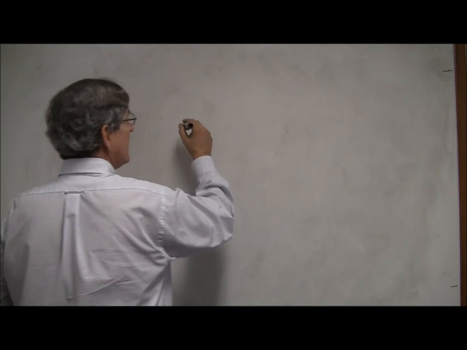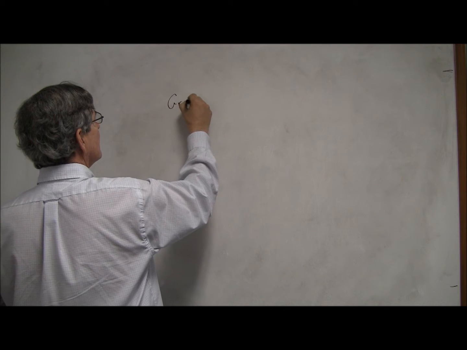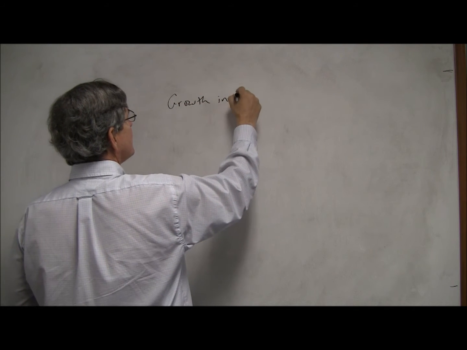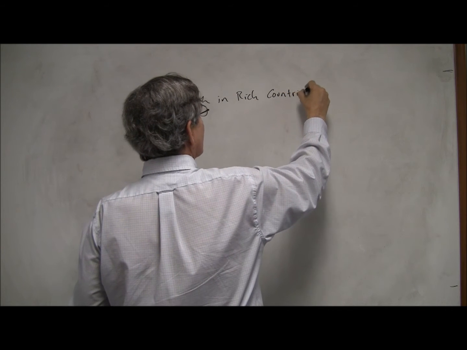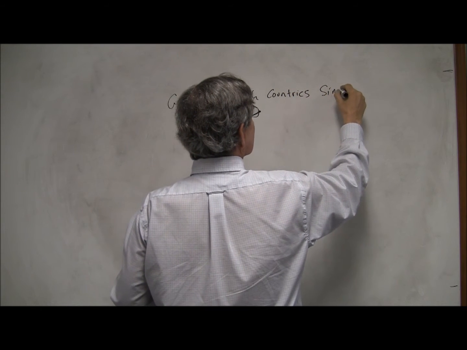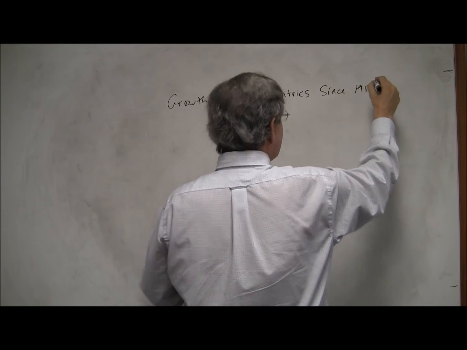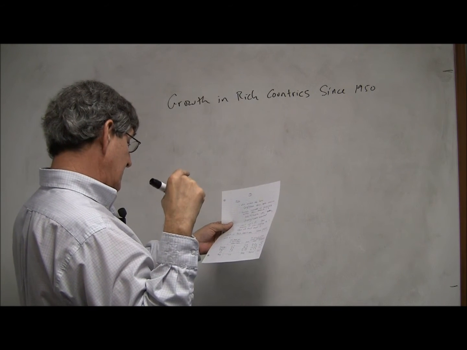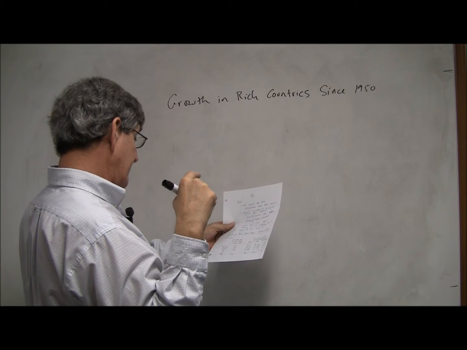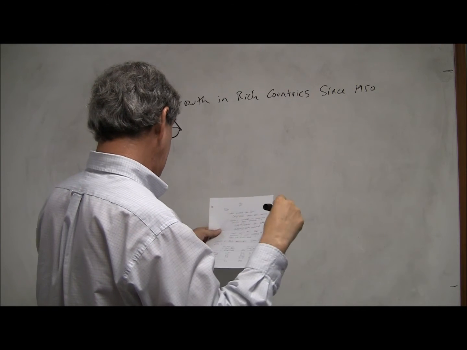What does actual economic growth look like across countries? So I think the book calls this growth in rich countries. Not all of them, but some of them we're going to look at, since 1950. And this table will have 4 columns and 6 rows.